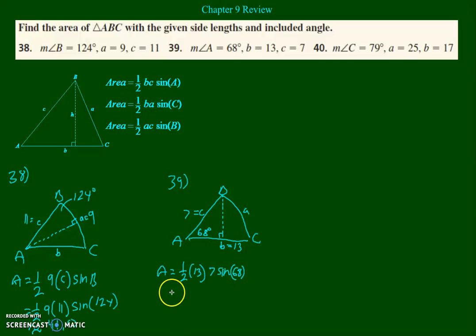And working this out, we come up with 42.2.